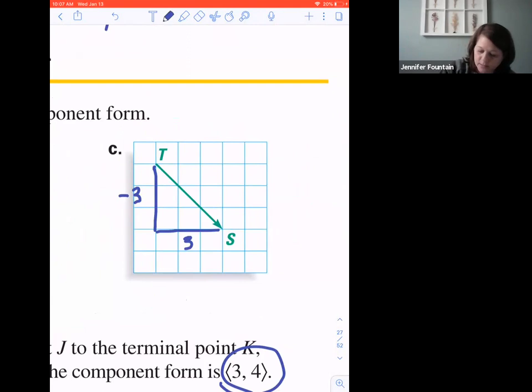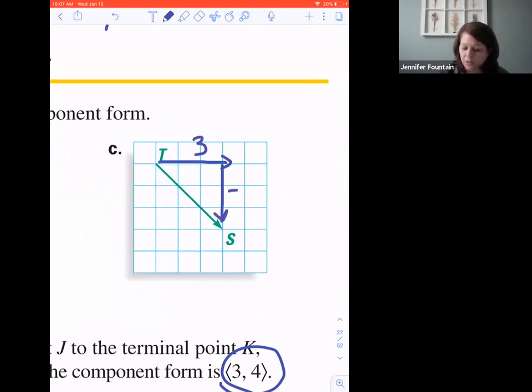Let me write it a different way. Let me go ahead and write it as horizontal. Then I'm going 3 to the right and then 3 down. So I've got 3, -3. Okay, so do your horizontal first and then your vertical. Side to side, it moves 3 to the right. So that's positive, but then it goes down.